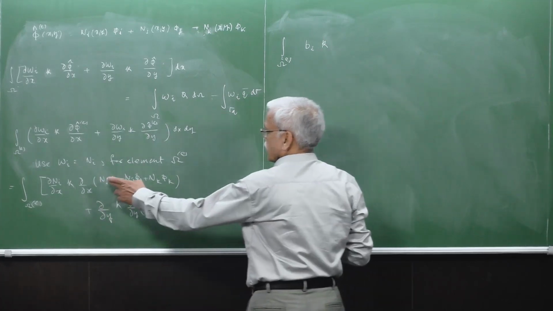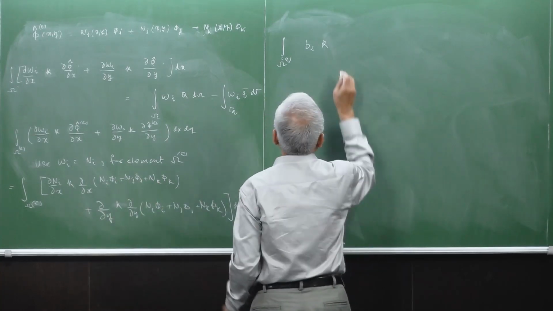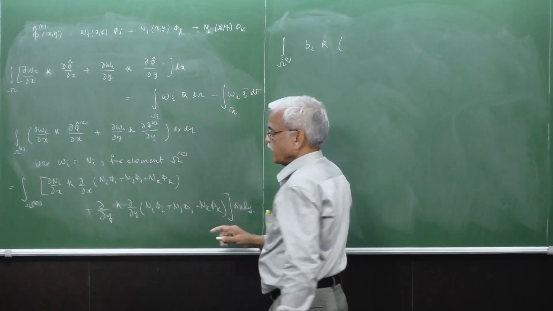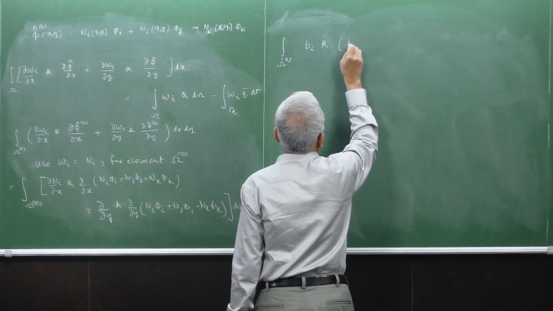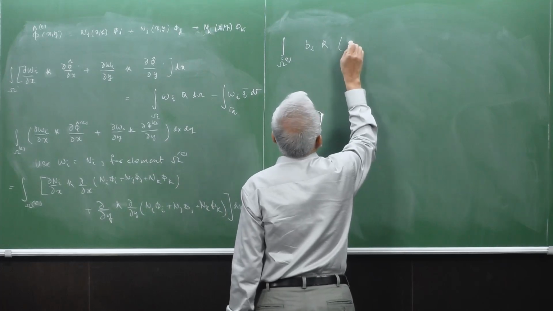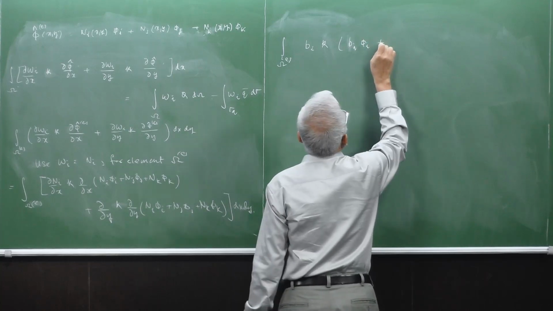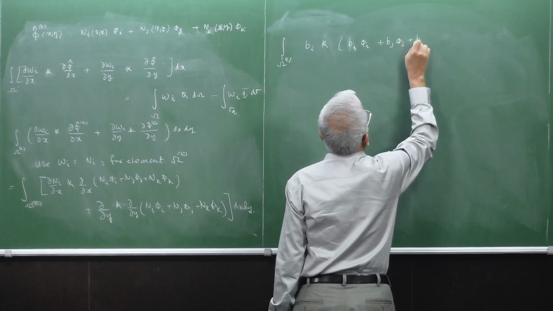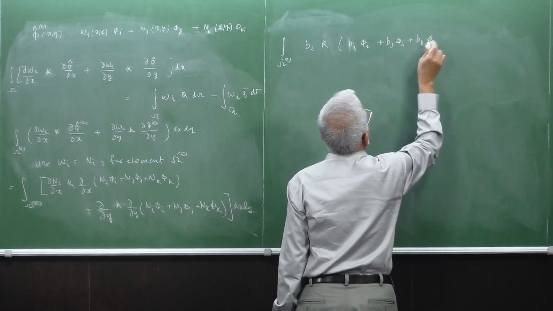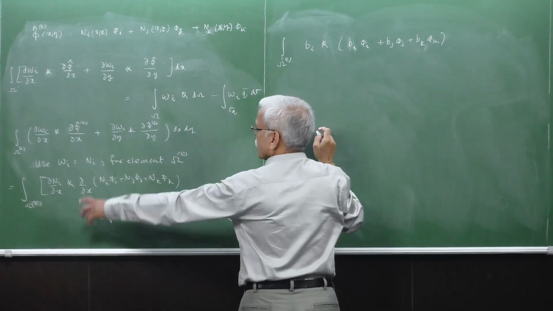This is the derivative with x of Ni, Nj and Nk. So then we'll write this one as bi phi i, bj phi j, and bk phi k. Right? So this is that expression.